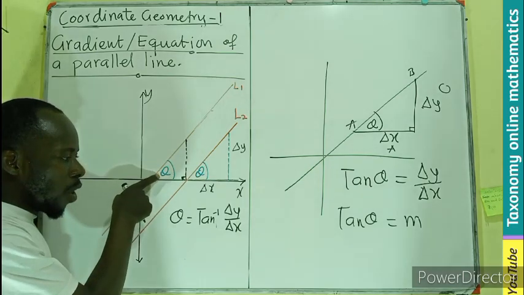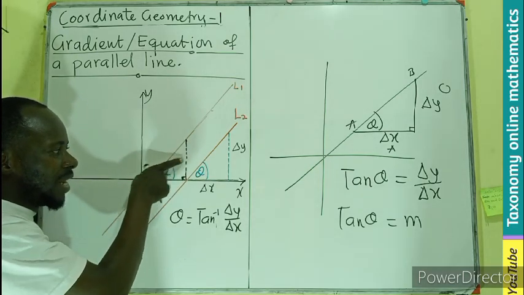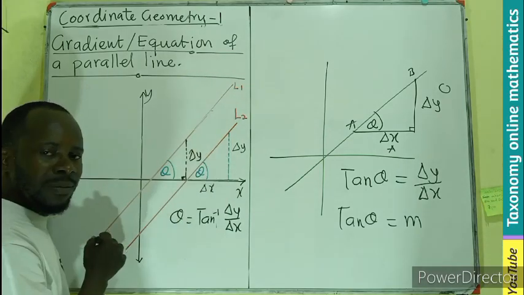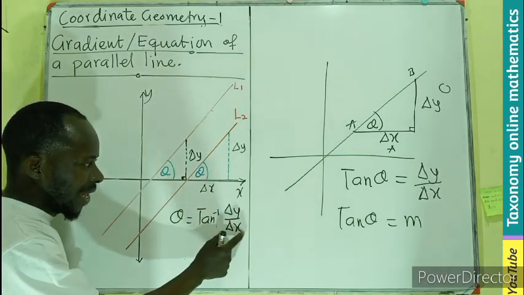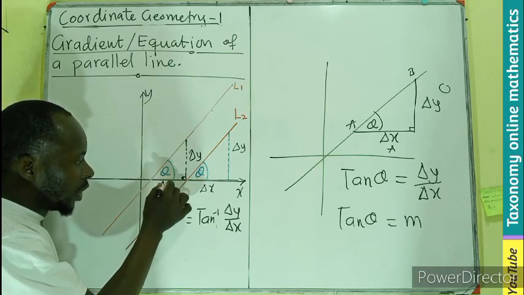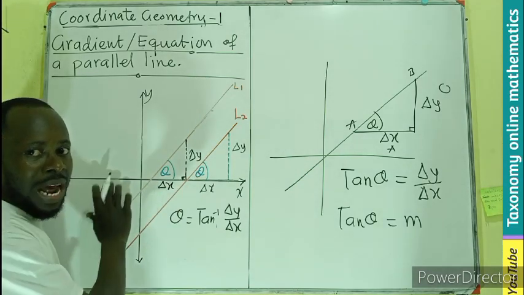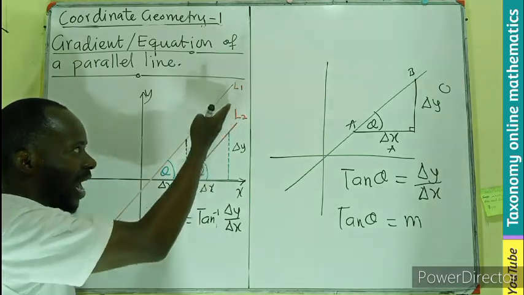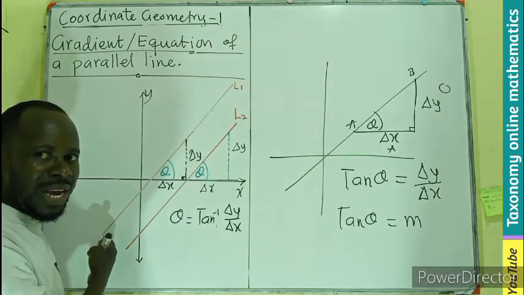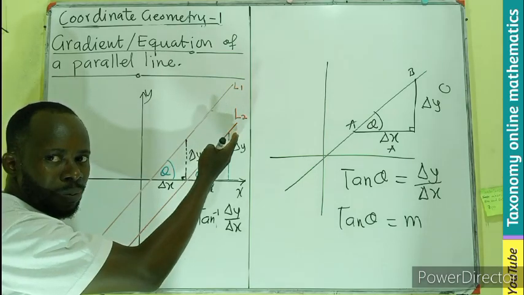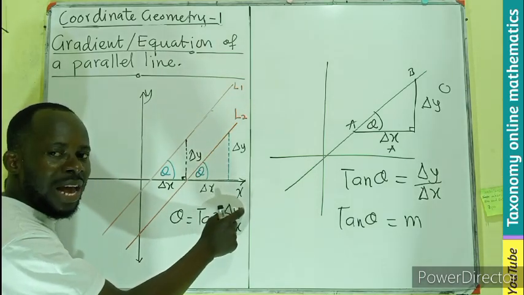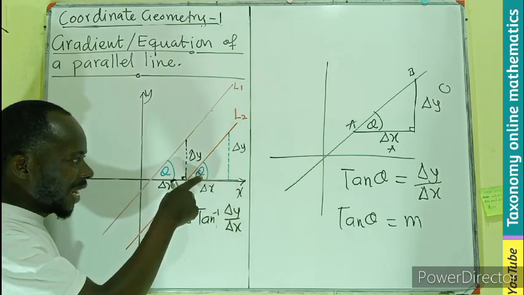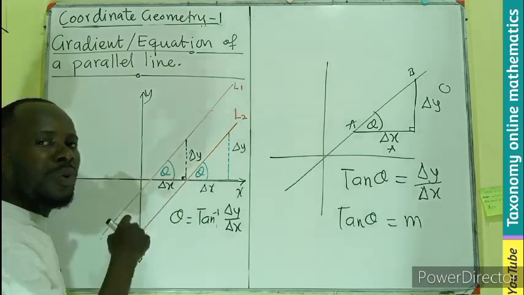Meaning this angle will also have the opposite side the same as this and this. Then the adjacent side will also be the change on the x-axis. So all that I'm trying to say is that if we check carefully, the gradient of this line 1 will end up being the gradient of this line 2. See, it's the same change on the y-axis over the change on the x-axis. That is what we are using to find the angle, which are both equal.